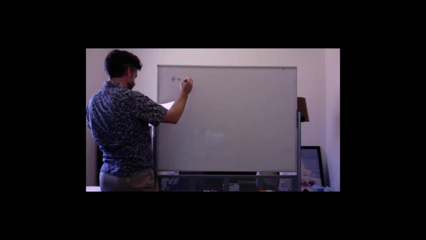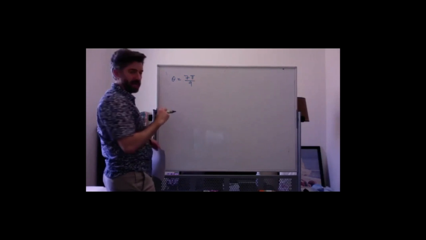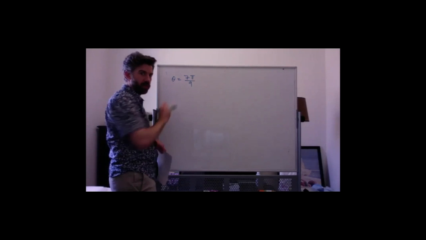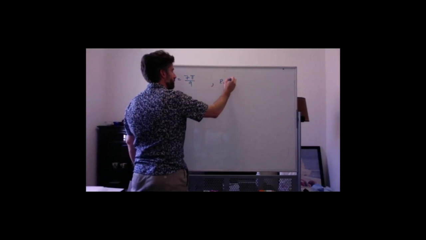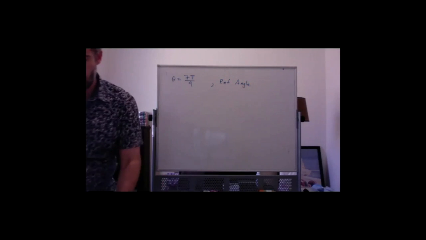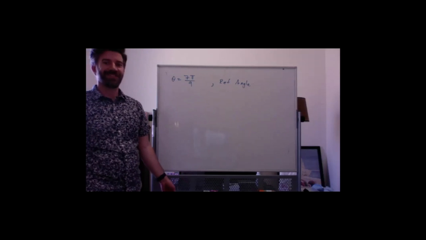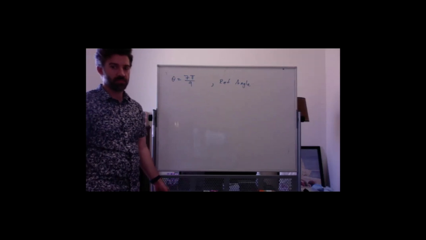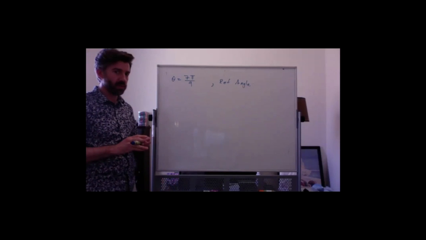I'm going to switch the order of these. Let's say our angle, theta, is 7 pi over 9. Now I'd like everyone to type in the chat what quadrant this angle is in. I see no one typing in the chat. 4 is a good guess, but it might not be right.